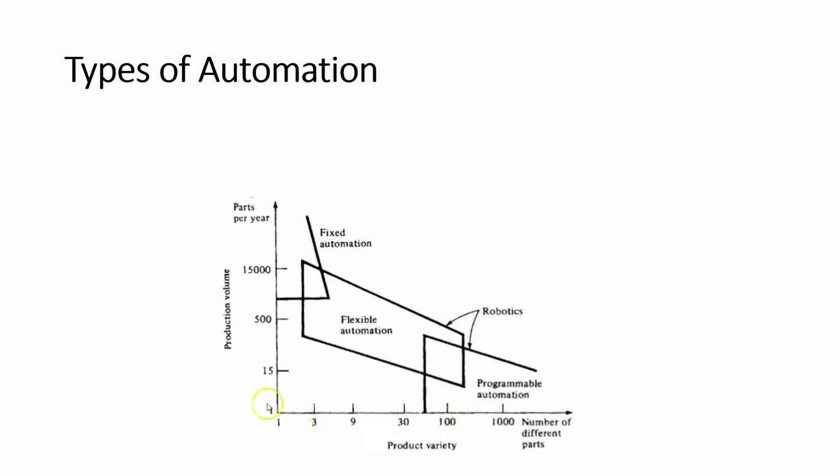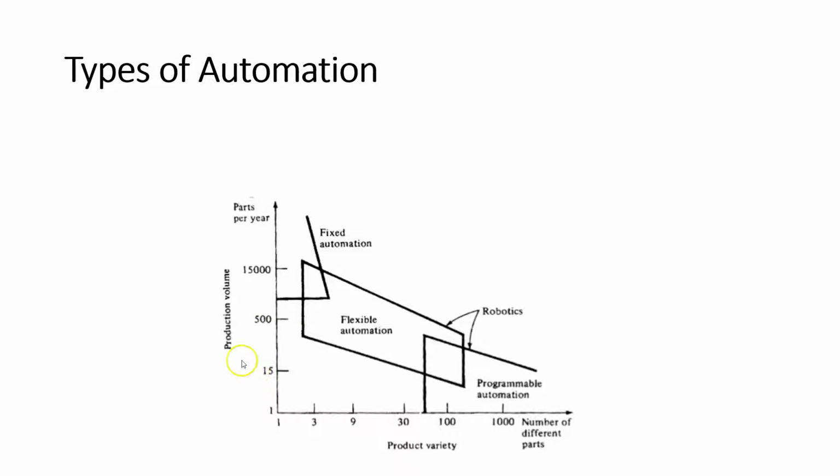So that's the x-axis. On the y-axis, we have production volume. That is how many parts we make per year. Again, we can talk about a blacksmith: how many horseshoes can a blacksmith make per year? Well, since each horseshoe is going to be custom made to that horse, the ability to make a lot of parts per year is going to be very limited.